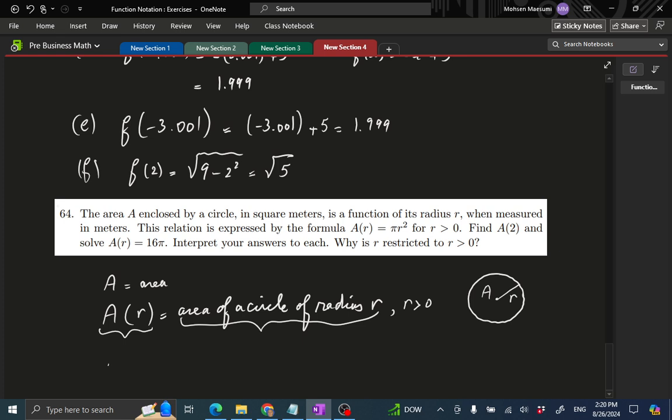First it says what is A of 2. So let's write here A of r, famous formula from geometry from high school.